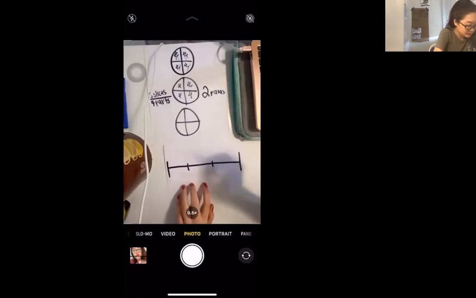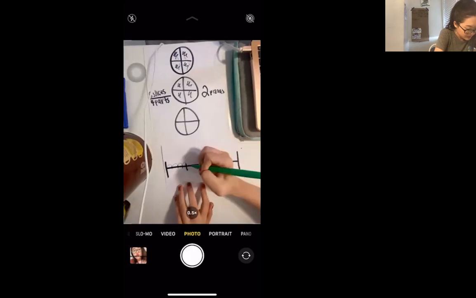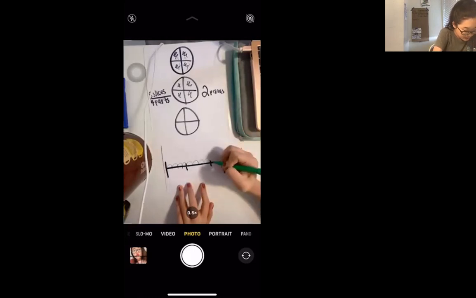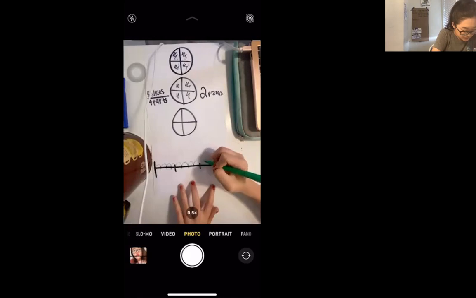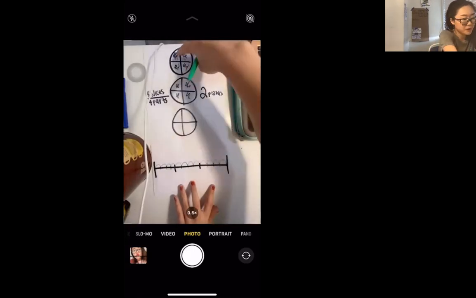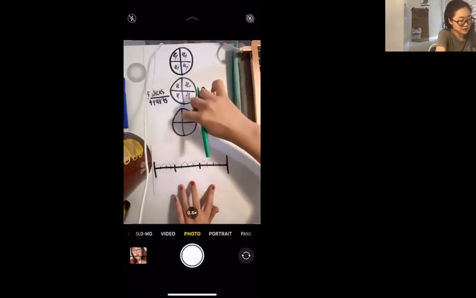So that's exactly what I'm gonna do right now. I'm gonna do 1, 2, 3, 4. And I'm gonna do that right here too. 1, 2, 3, 4. And I'm gonna do 1, 2, 3, 4. Because there are 4 parts to each pizza.